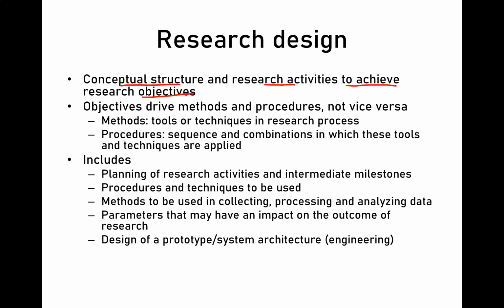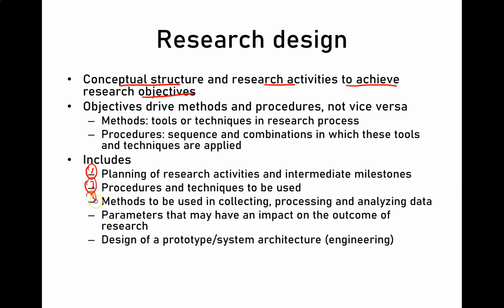So the objective will need to be tabulated in order for you to determine what methods are suitable for your research. And you must check also whether the procedure of achieving your objective is in sequence or combination in which these tools and techniques are applied. Okay? And research design also includes planning of the research activity, and then tabulating the techniques that you want to use.